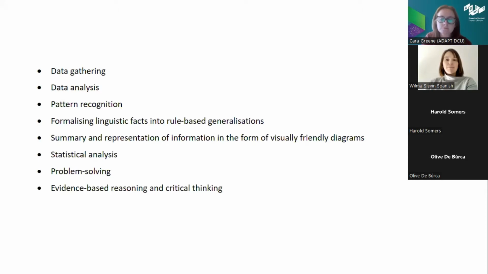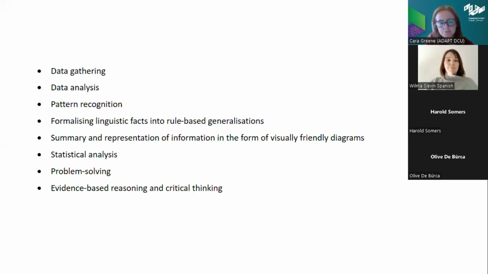Now with language, it is all around us, and students will learn to observe what's around them, what they can compare, and it's quite easy to actually gather empirical evidence.